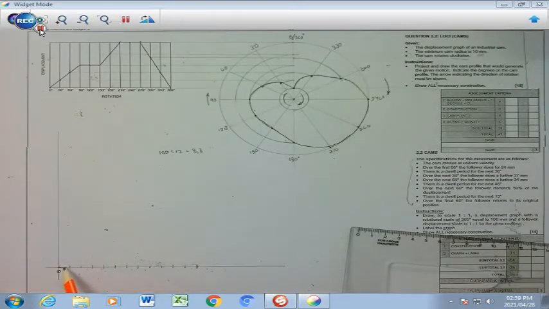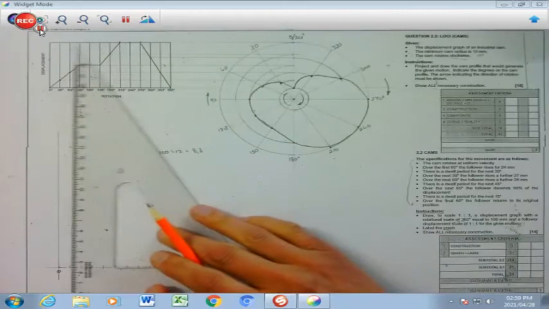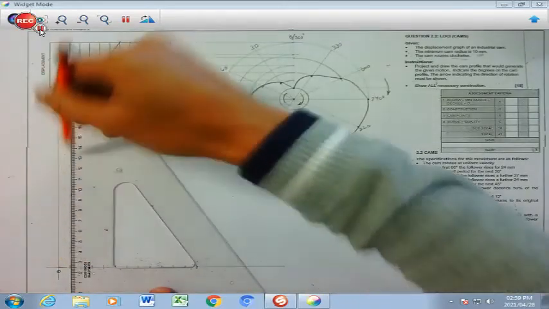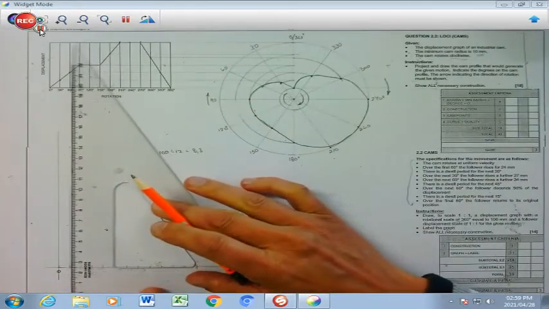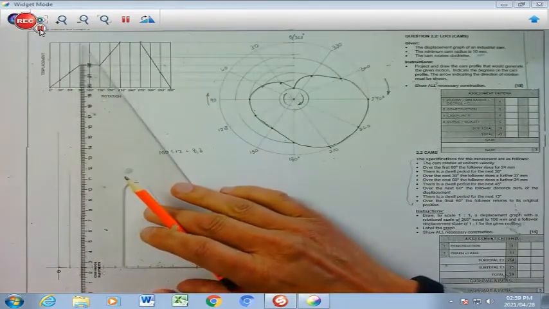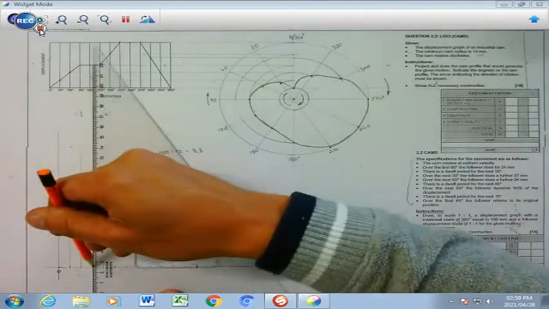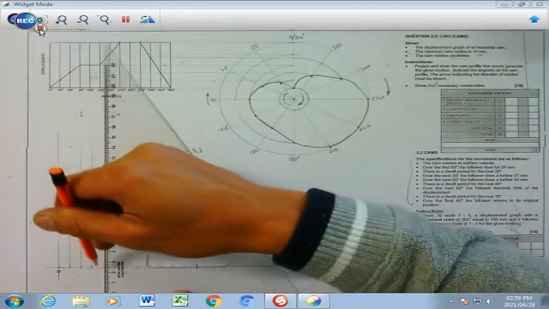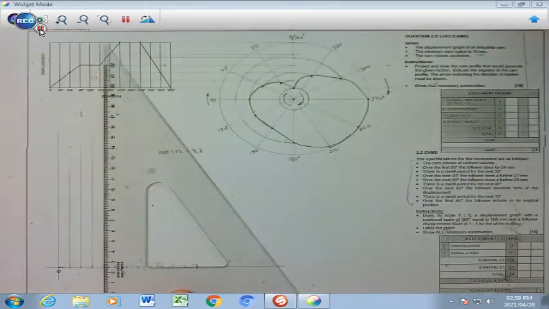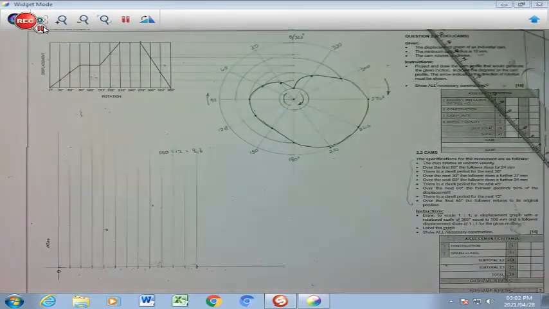Let me check. 1, 2, 3, 4, 5, 6, 7, 8, 9, 10, 11, 12. I am now going to take my 12 points and project lines up very faintly like that. So I want you to do that as well. Project all the lines up faintly. Okay. There I've drawn all my lines vertically to the top.